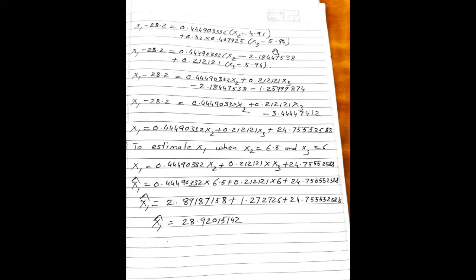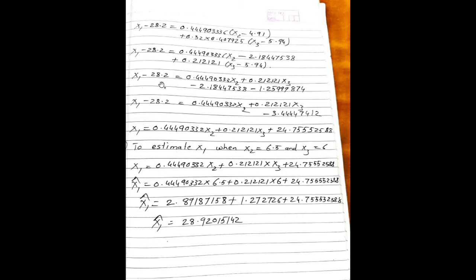So if we solve this further, it becomes x1 minus 28.2 is equal to 0.44490 into bracket x2 minus 4.91 plus 0.212121 into bracket x3 minus 5.94.